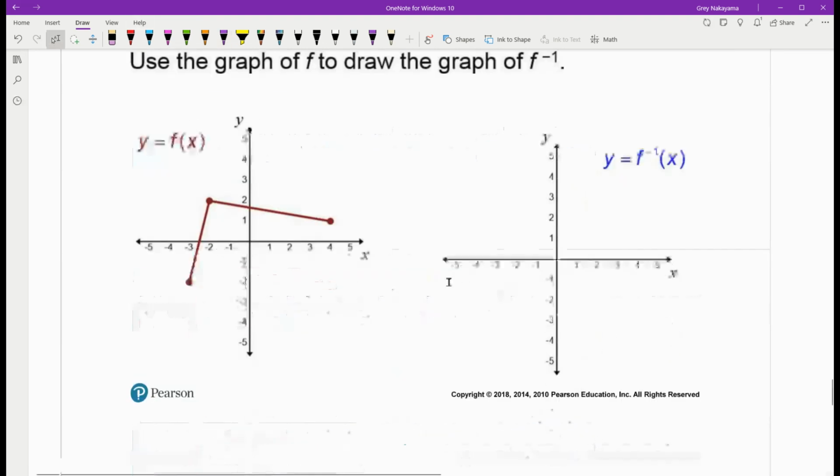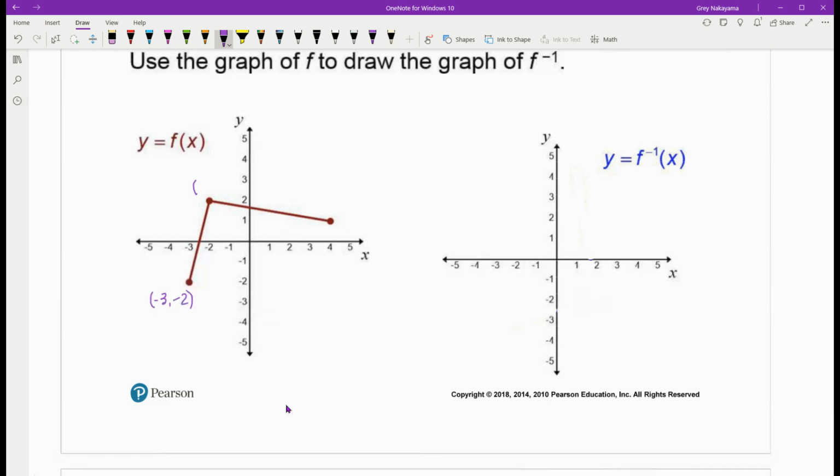All right, so when you graph them, you look at this point, and this point here is, well, I'll start down here. This is negative 3, negative 2.